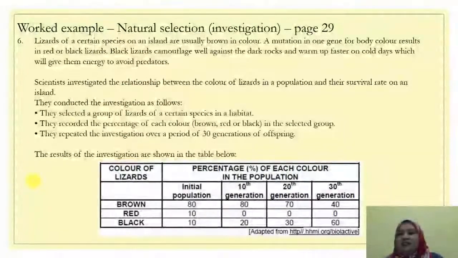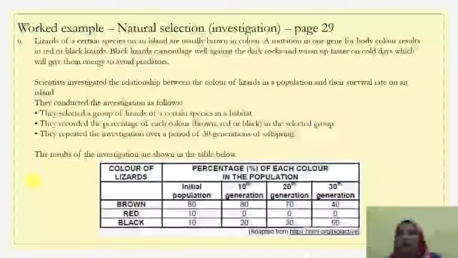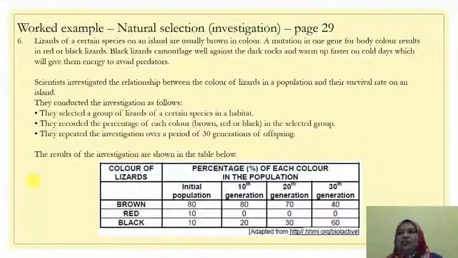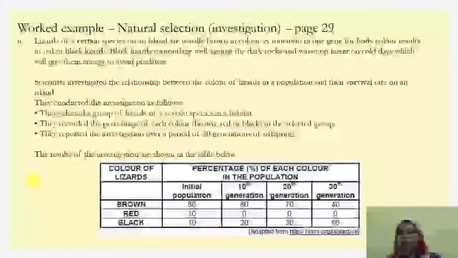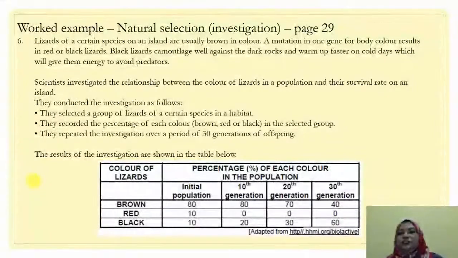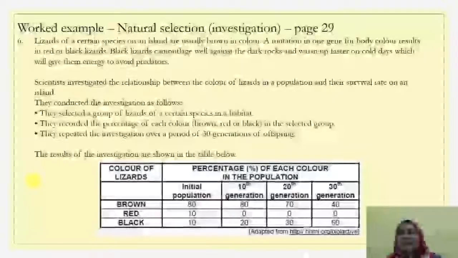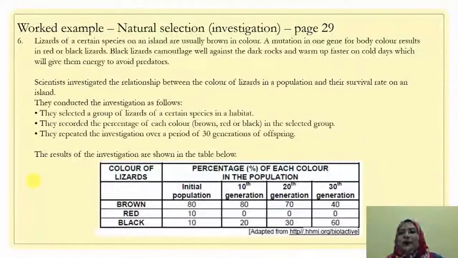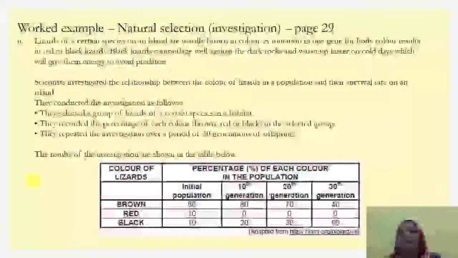Scientists investigated the relationship between the color of lizards in a population and their survival rate on an island. They conducted the investigation as follows. Right? So they selected a group of lizards of a certain species in a habitat, and they recorded the percentage of each color in the selected group.